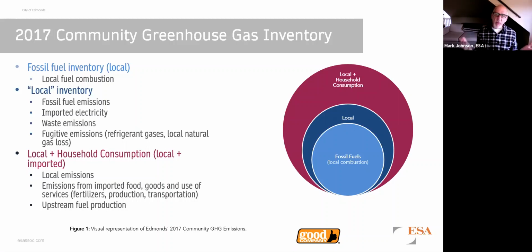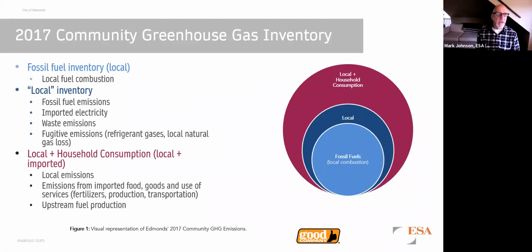We also did a broad look at what the total greenhouse gas generated from the Edmonds community is. And this diagram gives you a sense of how those three things interrelate. But our main focus is on what we call the local inventory.